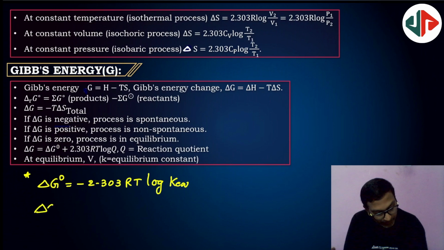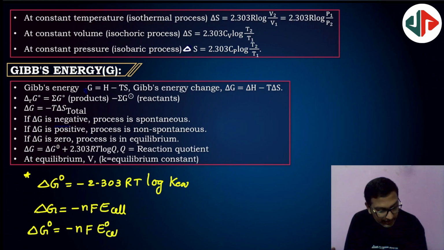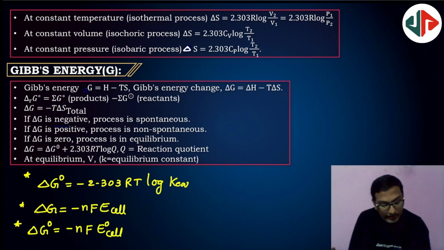And one more point, delta G equals minus nFE, where E is cell potential. Delta G naught equals minus nFE naught, the standard cell potential. So for a spontaneous process, E cell or E naught cell must be positive, and delta G must be negative.